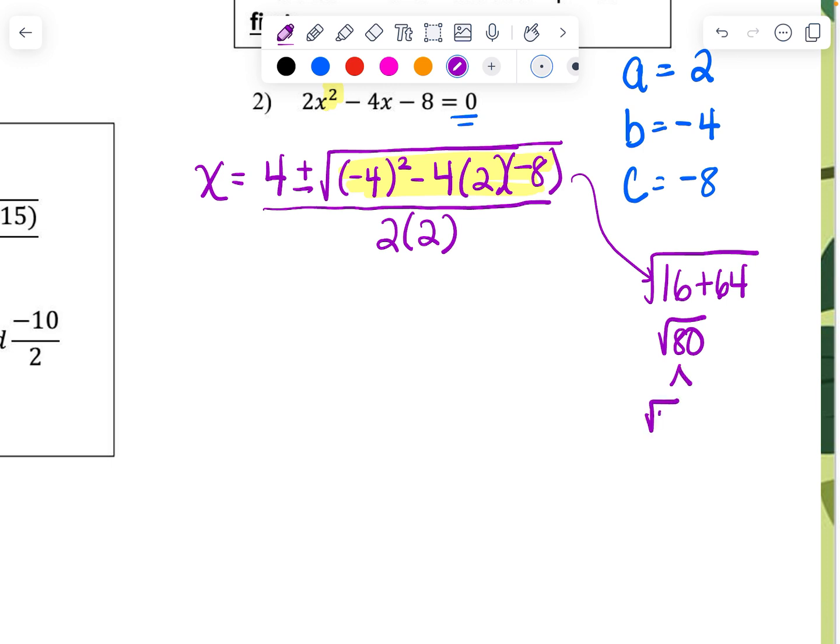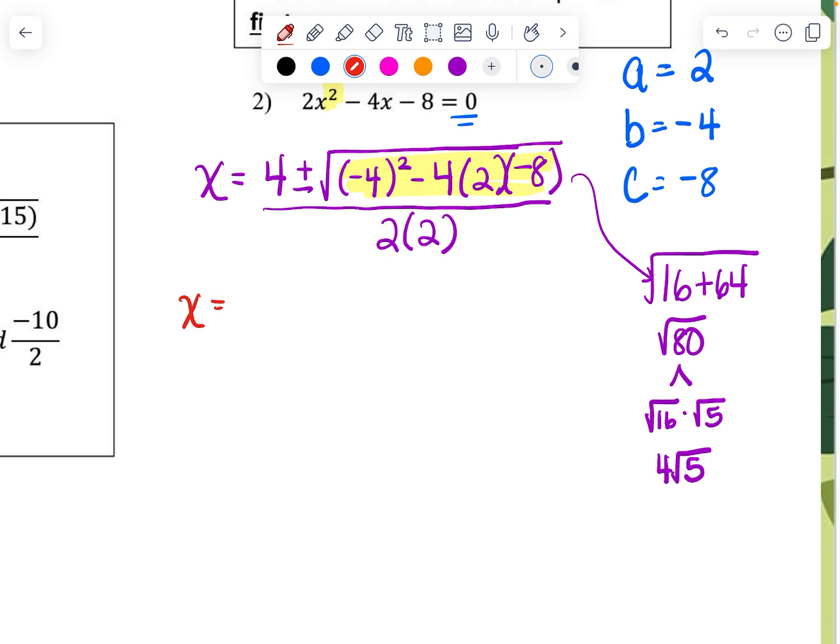So I've got the square root of 16 and the square root of 5. If I multiply those, it's 80. If you didn't know that, you just continue with 4 and 20, and you would get to where I got to. So the square root of 16 is 4, times the square root of 5. You just have to make sure that equals the square root of 80, but you won't have a calculator. So there's a little bit of mental math going on too.